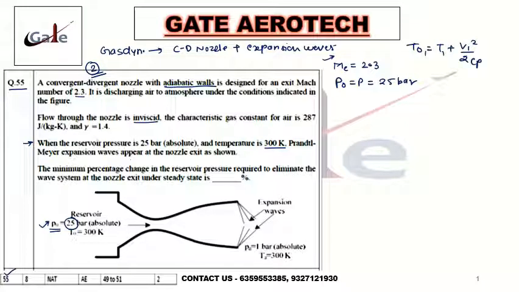In a reservoir we know that the velocity is almost zero, negligible, because the fluid is stationary at that condition. Total temperature, the stagnation temperature, is represented by static plus dynamic, right? So we don't have a dynamic temperature. That means whatever static temperature you have is nothing but your total temperature in the case of a reservoir. I hope you understand.